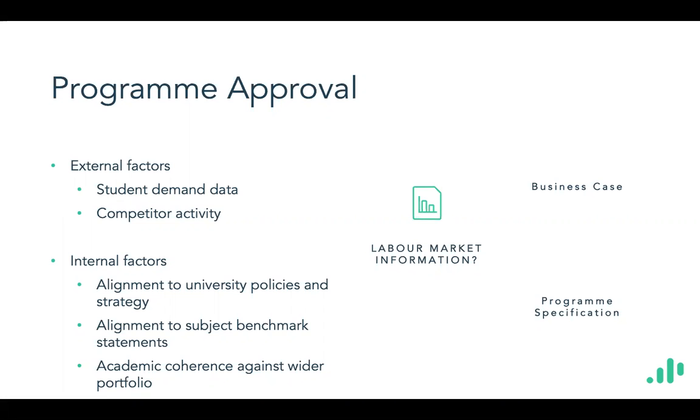Many of the external factors will be addressed in the business case, while the internal factors tend to be looked at in the context of a program specification. Labour market insights can play a role in both, but today we're just going to focus really on the first part, which is the business case.